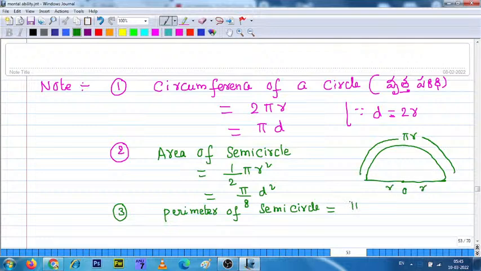So that is pi r plus r plus r. That will be pi r plus 2r. Now r can be taken out common. R common తీసుకుంటే, r times pi plus 2. This is the perimeter of the semicircle.